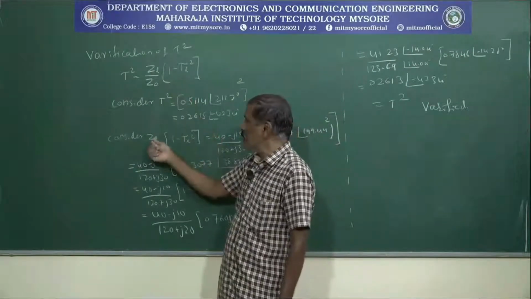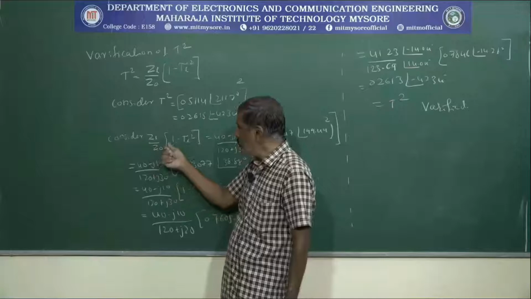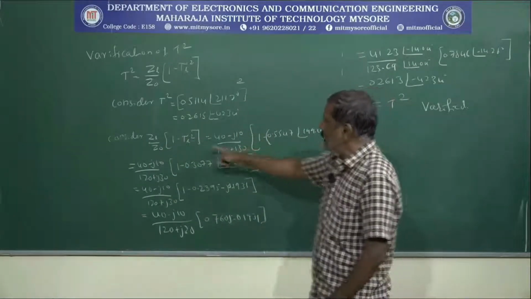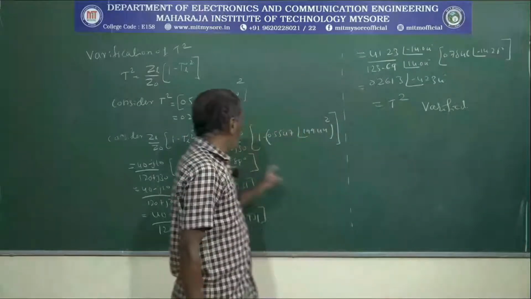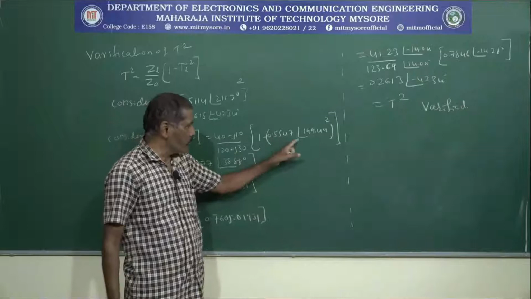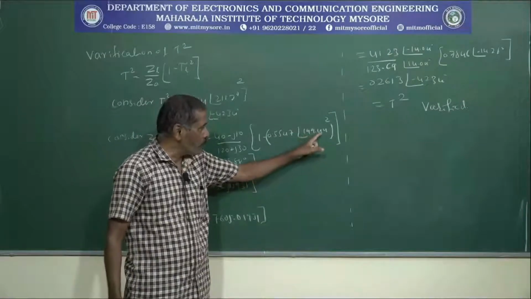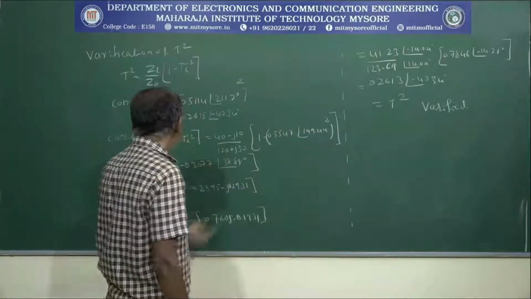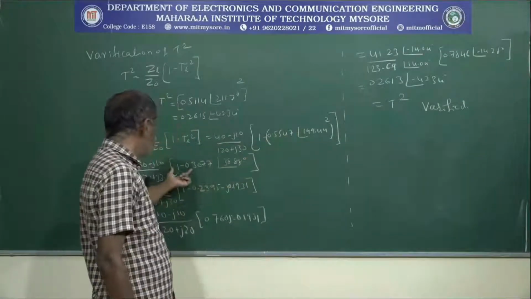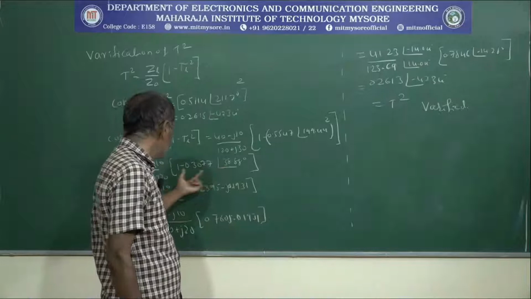Then consider the right hand side term, that is ZL divided by Z0 into 1 minus tau L square. So the tau L value is 0.5547 at an angle of 199.44 whole square. If you simply square it, we are going to get these values.